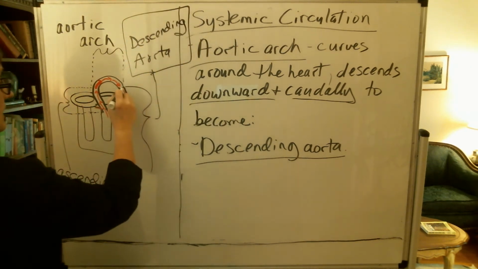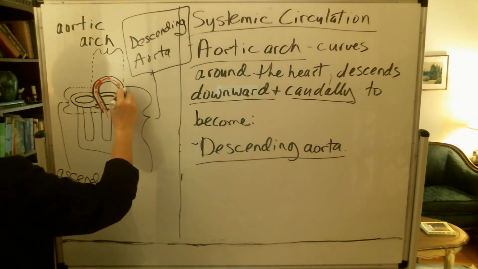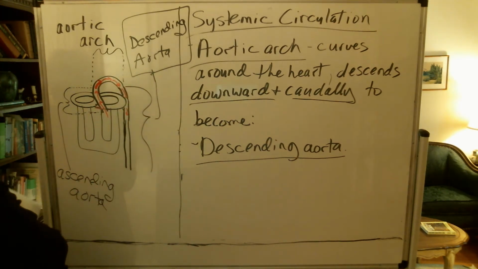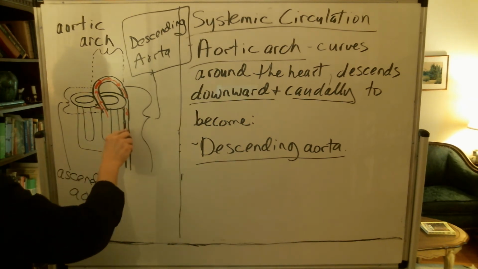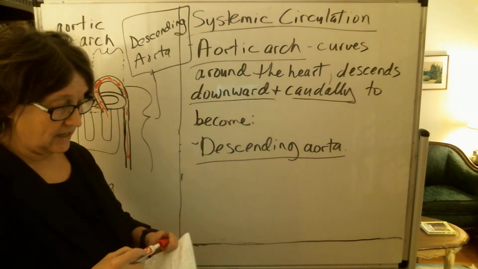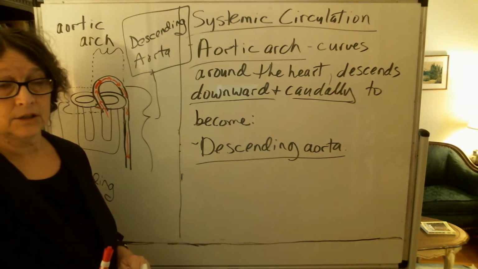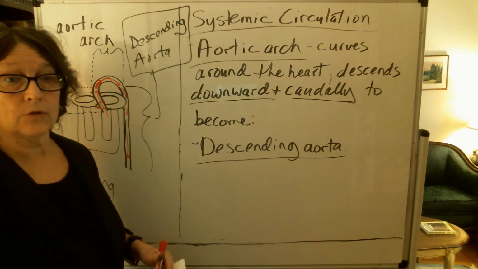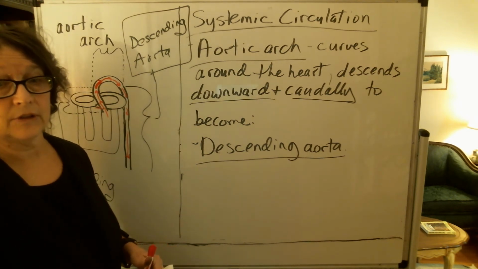So the descending aorta basically is from where the arch stops and the aorta goes down and down and down, which it does for a very long way. You continue to have the descending aorta until you get to the pelvis, to where you have the divisions for the legs, at which point it's no longer the aorta.